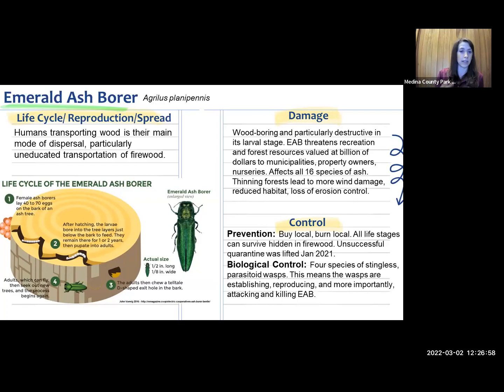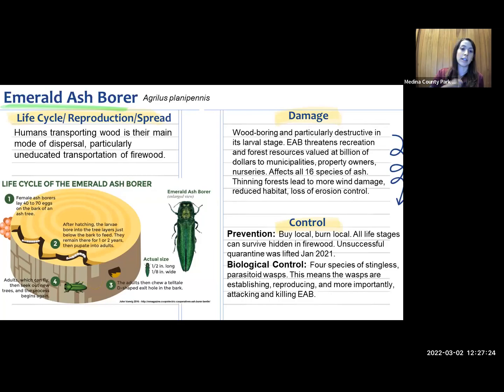You're pouring lots and lots of money into it, and you might be able to save a single tree, but it's not going to be long-term, and it's not going to prevent it. So pretty much like all of our invasives that we're going to talk about today, prevention is going to be key.